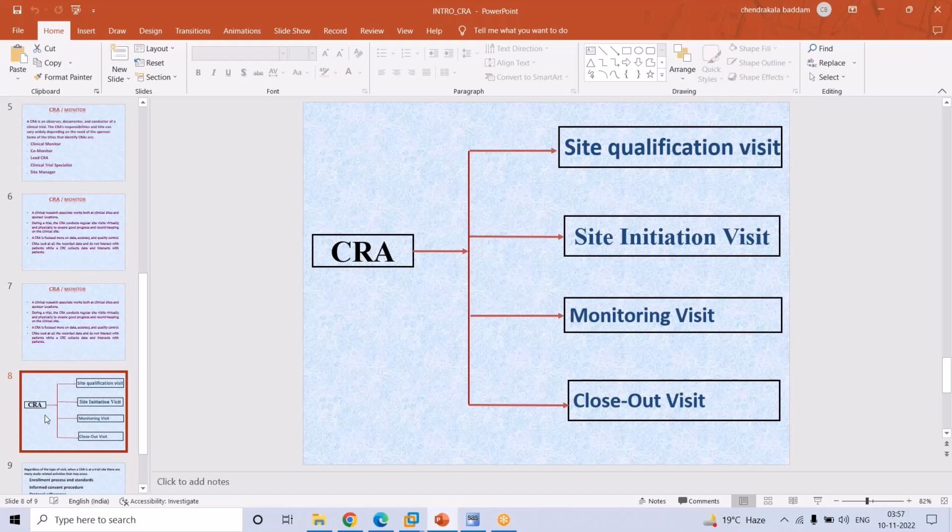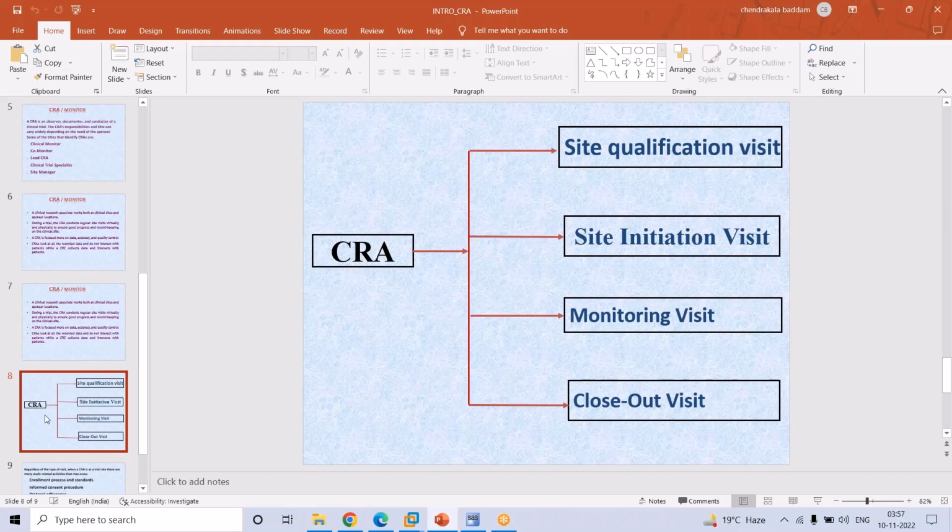So this is the pre-study qualification visit, also called the site qualification visit. These are conducted to determine whether the investigator and the site have the capability to conduct the study.